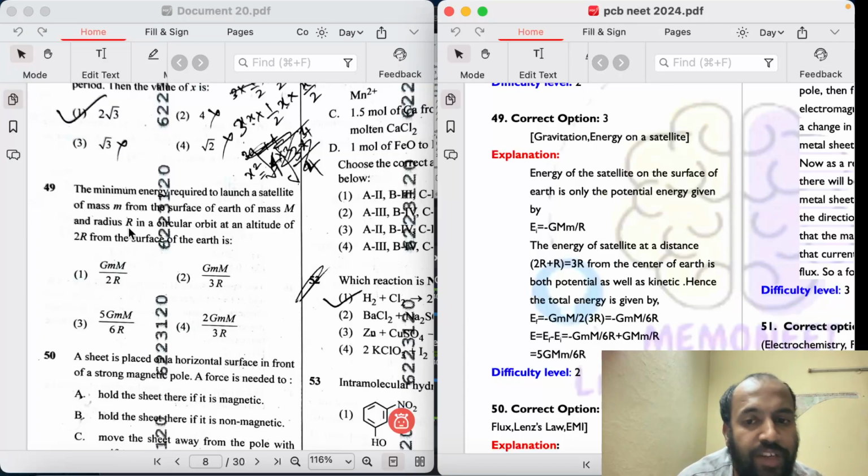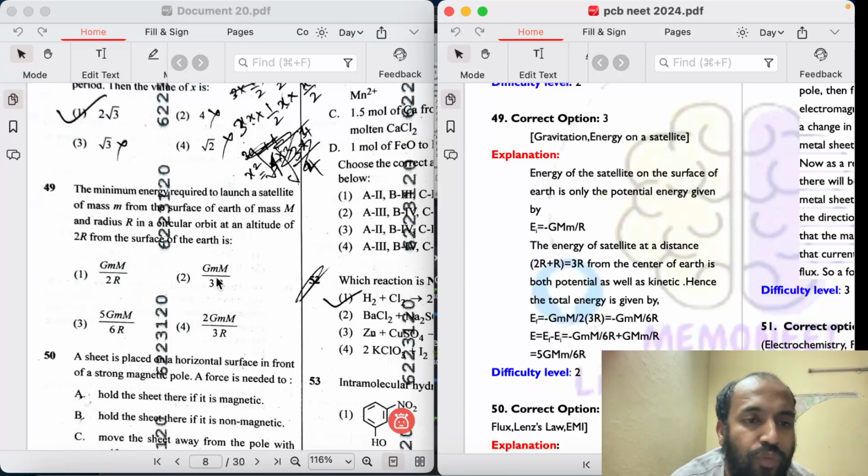That means it will be the relation for total energy. So the total energy would be nothing but minus GMm divided by 2 times the distance from the center, so we'll basically have minus GMm divided by 6r. So that's the total energy.